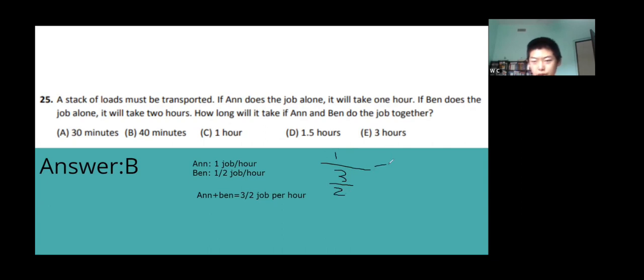And we end up with 2/3. So it will take them 2/3 of an hour, which equals 40 minutes.